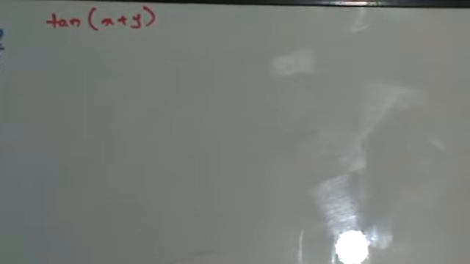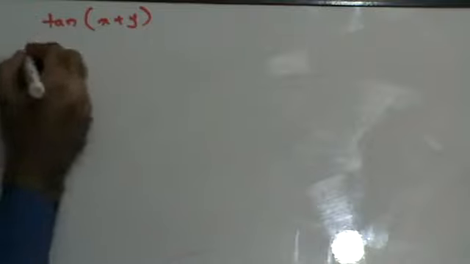Whenever there is pi by 4, when only an angle is given, people, it's always the tan function. On the right hand side, if there is no trigo ratio given to you, that means the trigo ratio that has to be taken is tan, because it's only in the tan ratio that you get the answer 1, and that's the reason why the trigo ratio is not written. So in simple language, all you need to remember is that if I have only an angle on my right hand side, then you have to take the trigo ratio as tan.